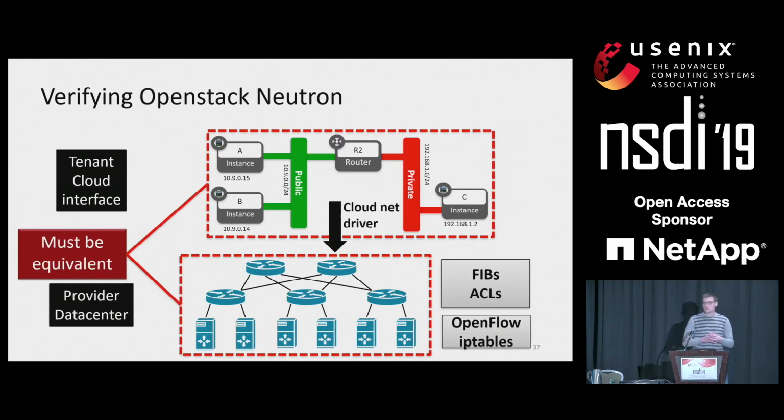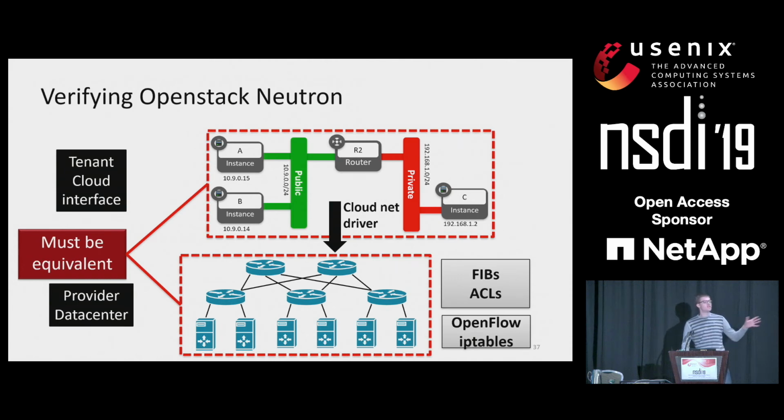So what we do is that we verify Openstack Neutron. Openstack is an open source cloud software, and Neutron is its backing network driver. So how it operates, well, the user spawns VMs, he interconnects them, defines security groups, and so on, and the Neutron translates them into fibs, ACLs, OpenFlow rules, IP tables, and so on.